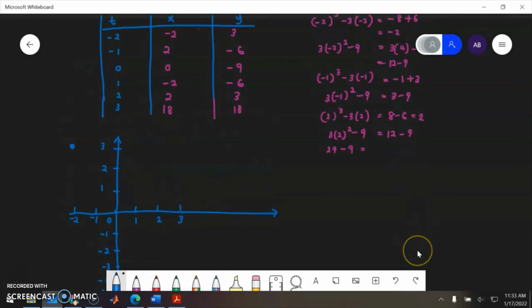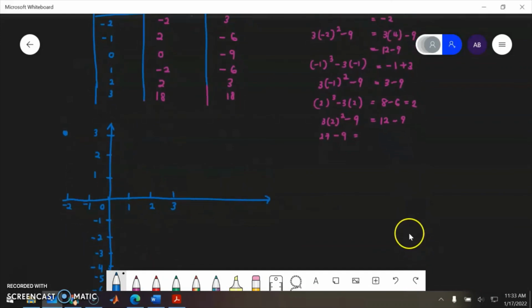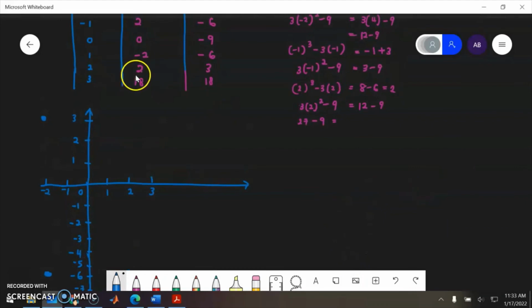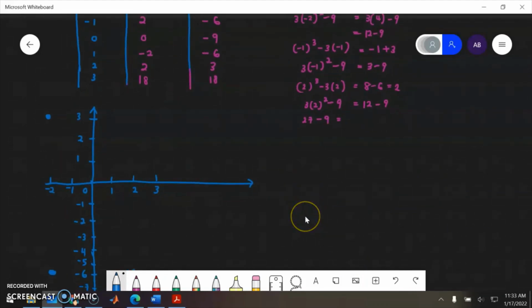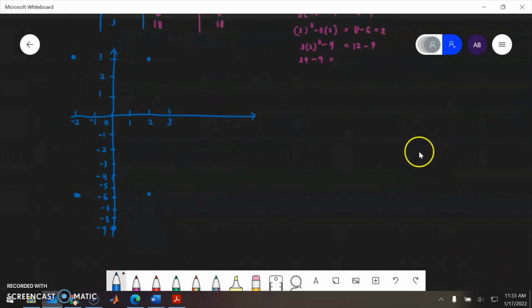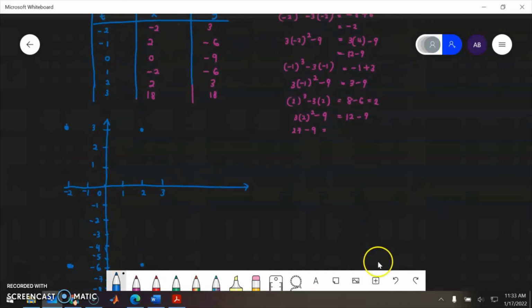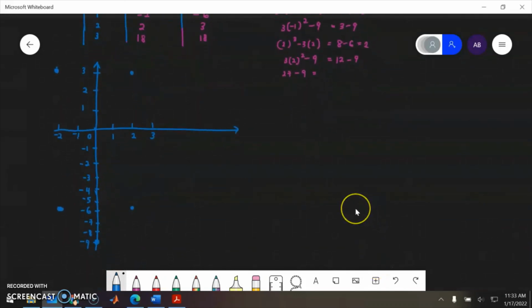And then when x is -2, again -6, which is here. And then when x is 2, y is 3. What's going on here? Just be careful with what we are drawing. Can't see the point. It seems like it's coming like this. Okay, it looks like a shape something like this.